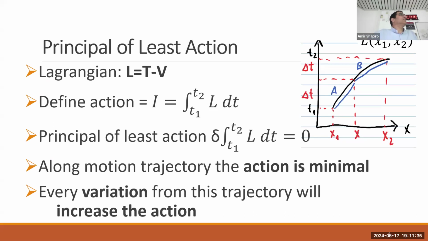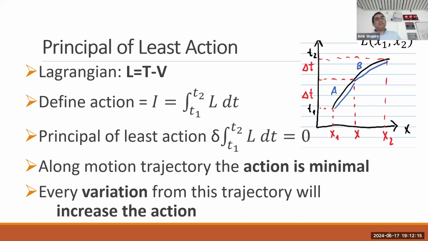That nature wants to have the minimum amount of action, and we'll define what action is. Action is the integral of the Lagrangian between two times. And the principle of least action says that if I take some kind of a deviation from this, then it has to be zero.